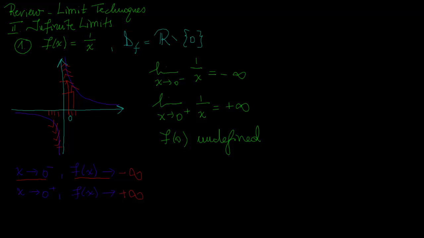We have in essence a so-called vertical asymptote. So we notice that the graph of the function explodes to plus or minus infinity by approaching, getting closer and closer to this particular vertical asymptote, and we record its equation of the vertical asymptote as x equals 0.